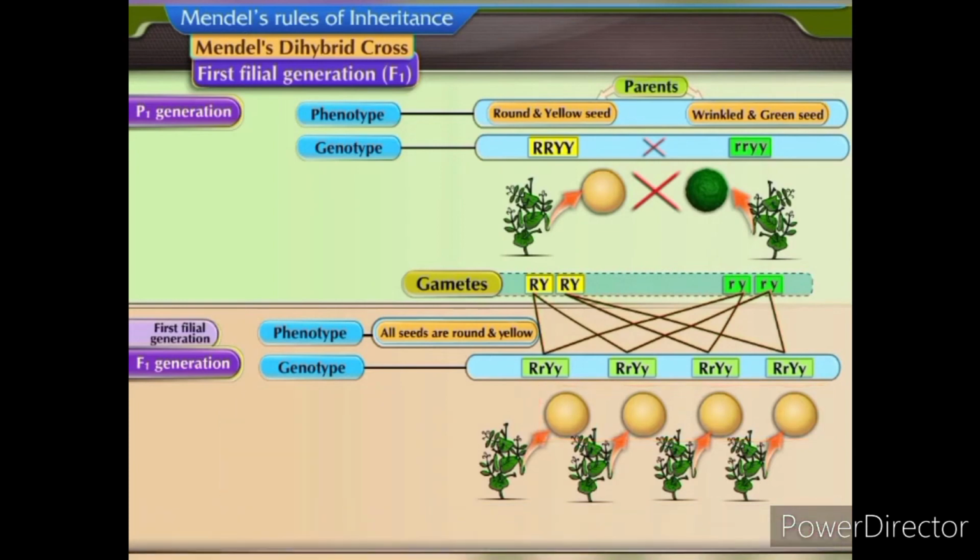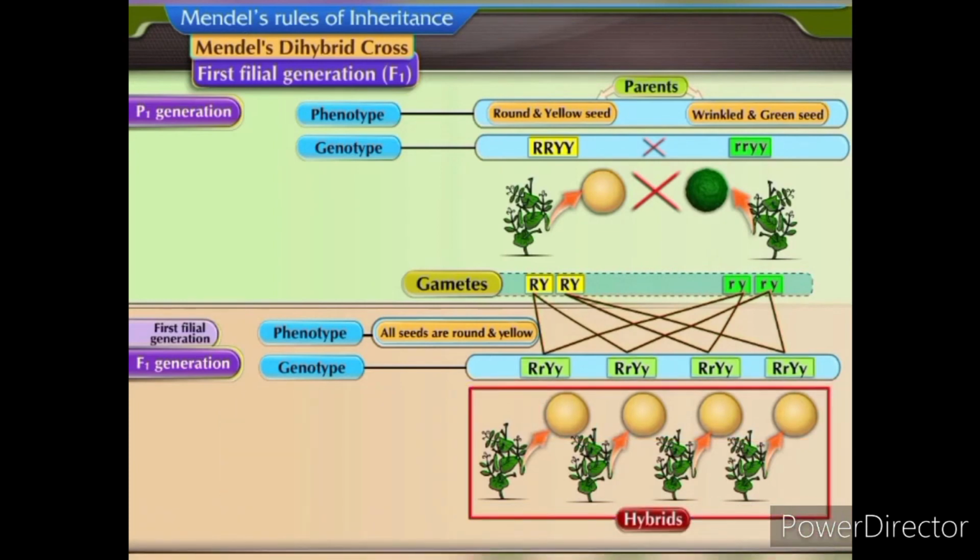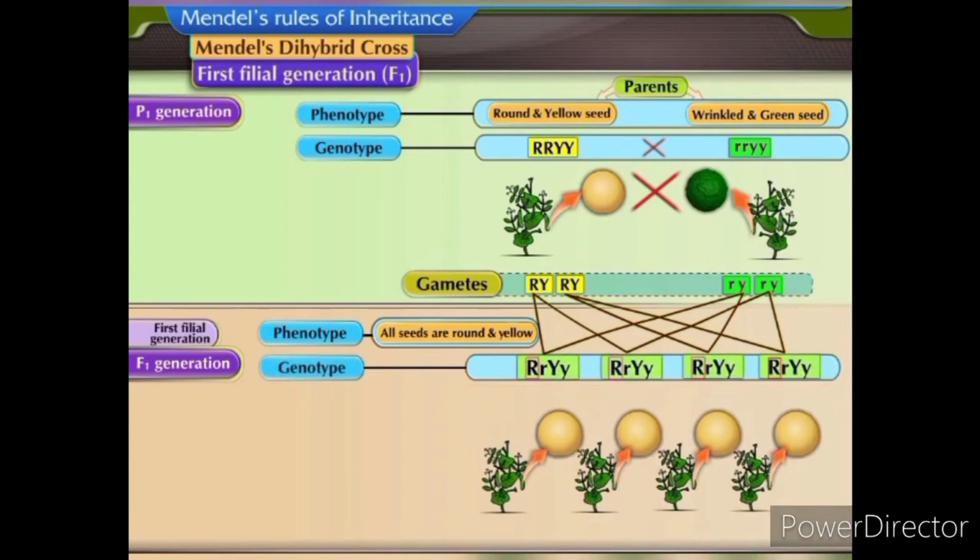The genotype of these F1 hybrids was RrYy. The genotype shows R, which is dominant over r with respect to the shape of the seed and results in round seeds.